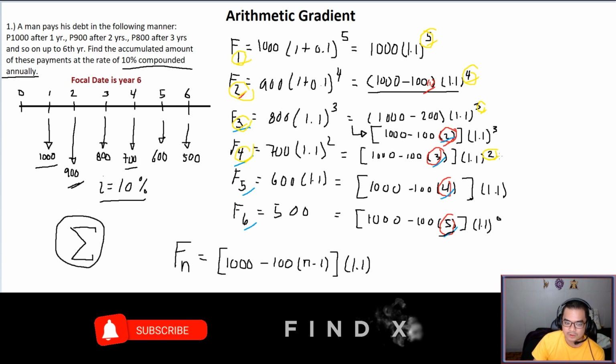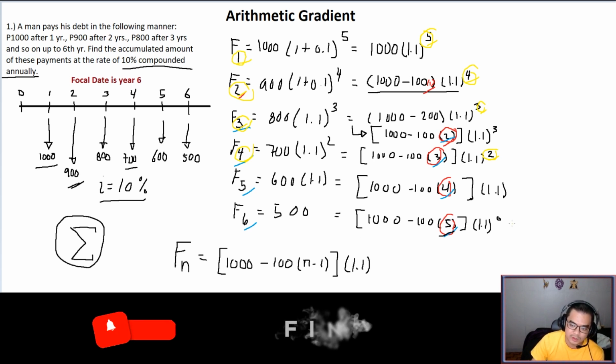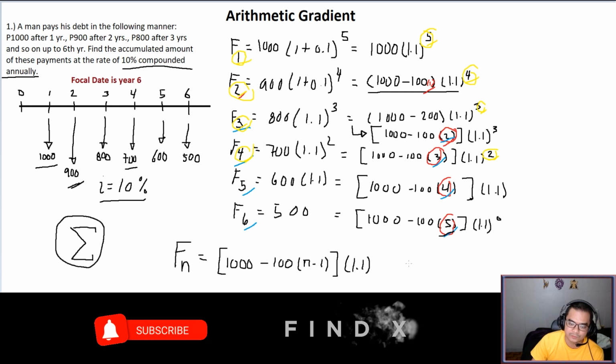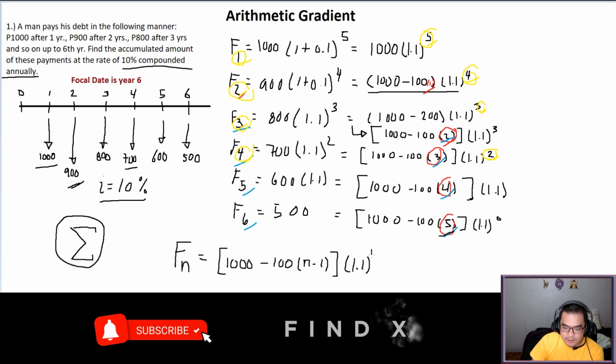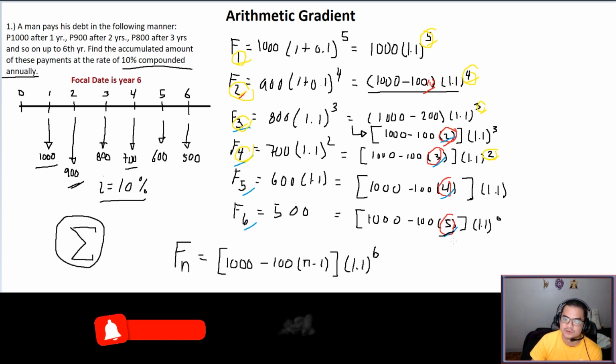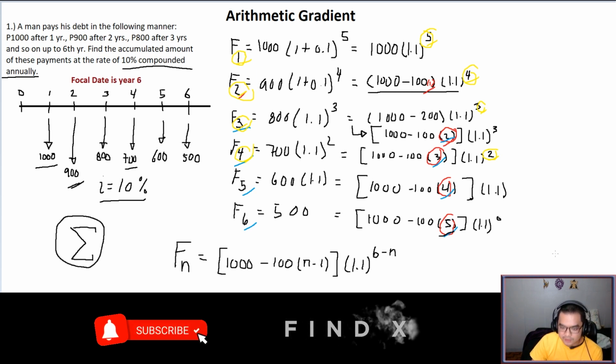So thinking about this, the exponent of the 1.1 will just be 6 minus n. So this will be the general formula.